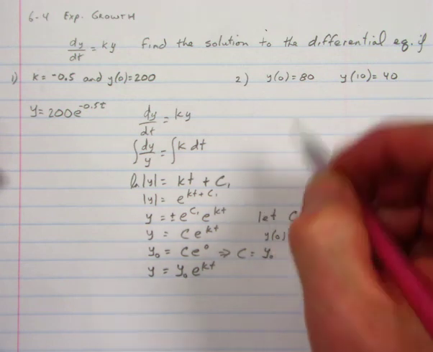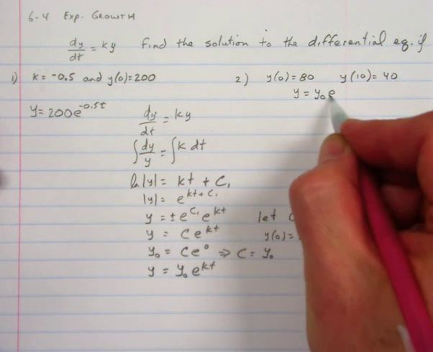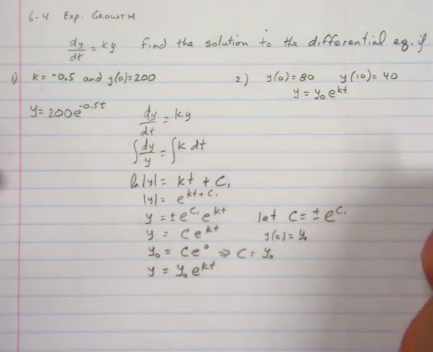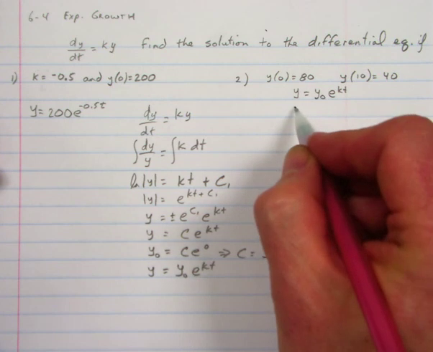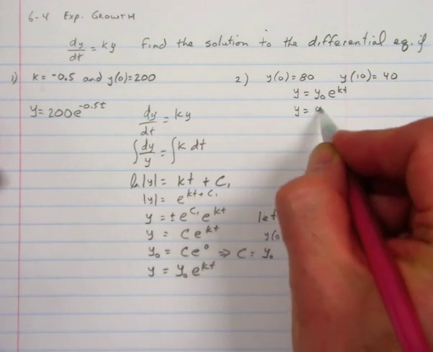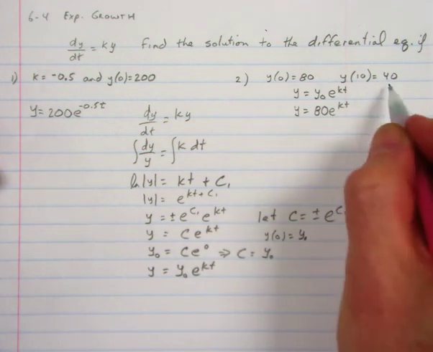We just derived y equals y sub 0 e to the kt. We're given our initial value here, so we're going to get y equals 80 e to the kt. We have a point here.